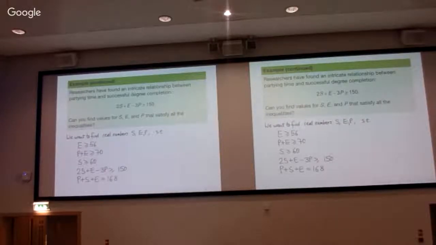And we also need to make sure that we don't get a nonsensical answer by getting a negative number of hours to spend partying, which we can't do, obviously. Okay. Try to find such numbers. I'll try to find such numbers as well, but I'll cheat.